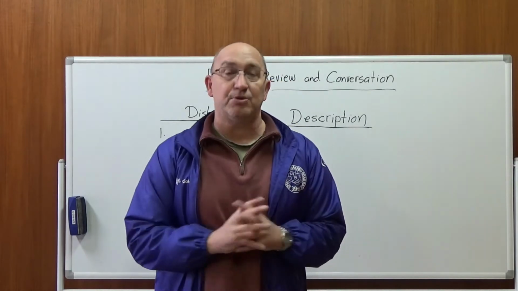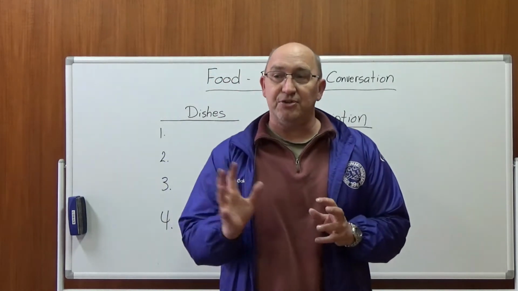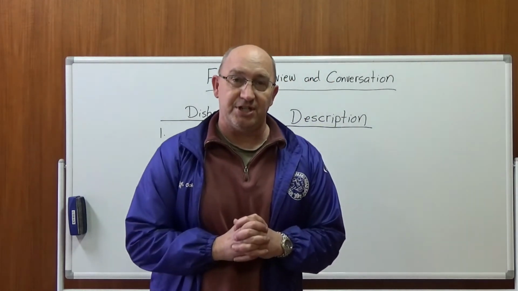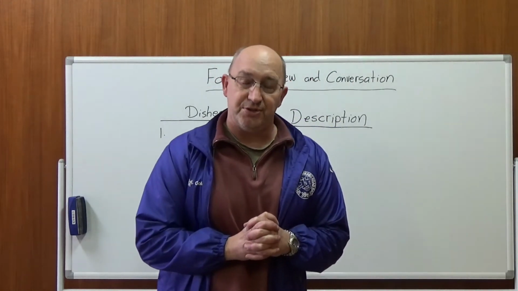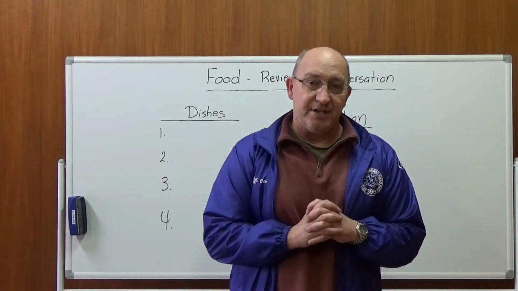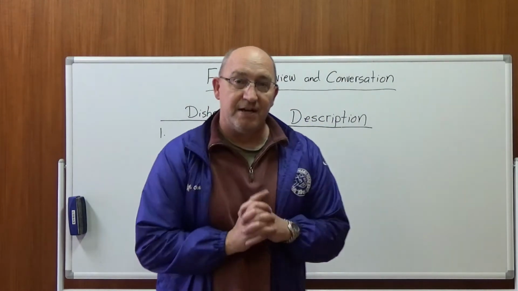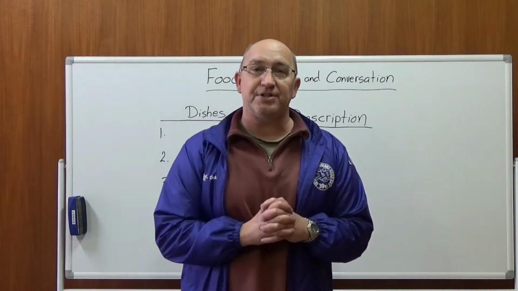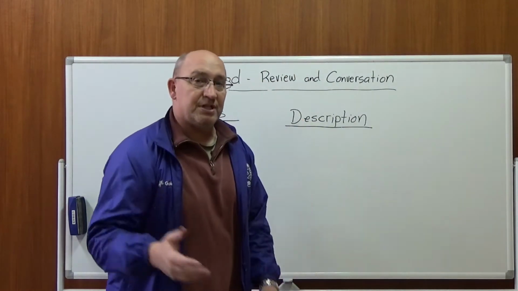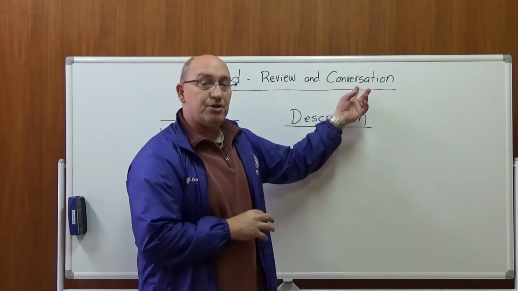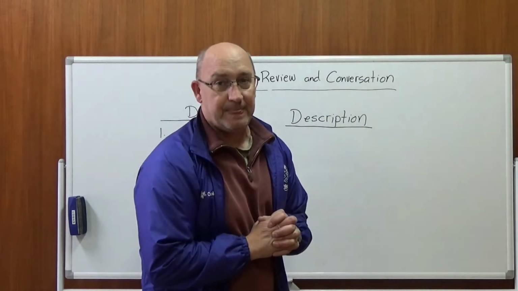We talked about some cooking styles, using cooking words to describe the dishes. We talked about some tastes and textures we can use to describe foods. Now, today is the last part of our 4-part series of food. Today, this is just to review some of these ideas, but used in a conversation.